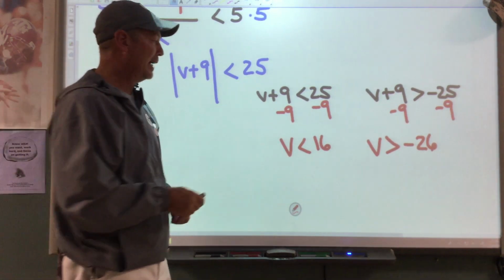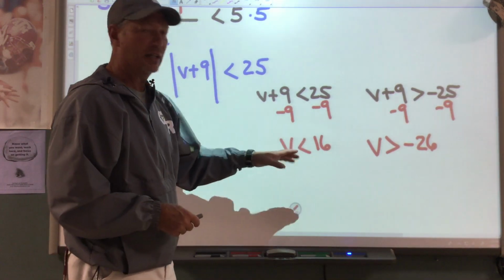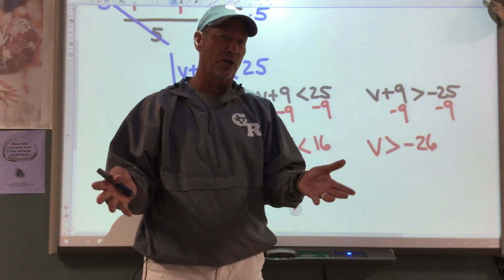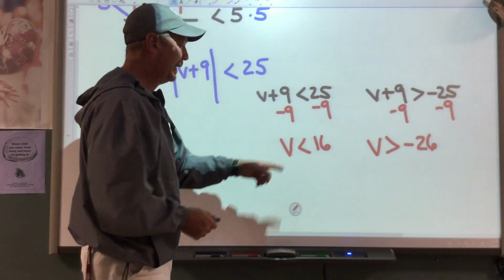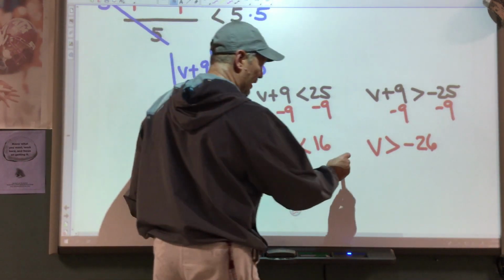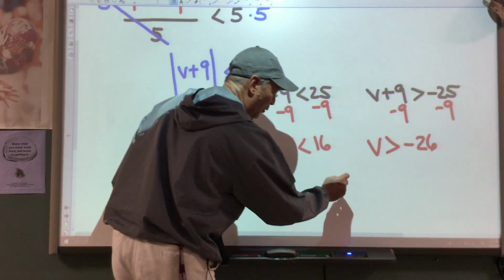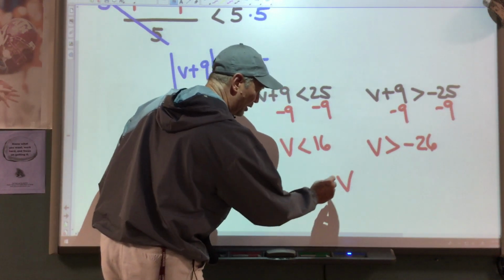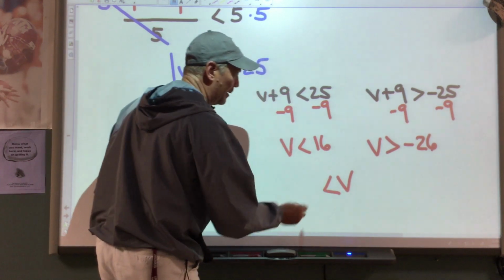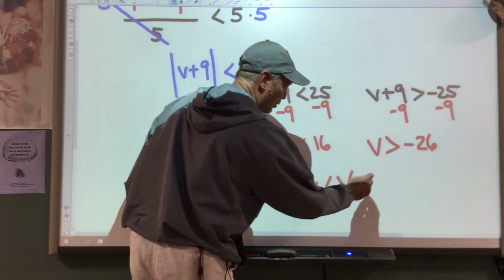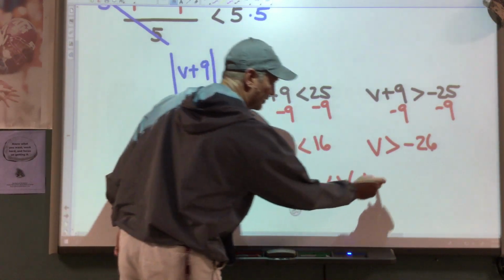And the best way to write that, because it's in between those two, and we'll talk more about this because it's easier when we do this on a number line, is as an "and." We put the v in the middle, and we say that we are going to be greater than negative 26, and less than 16.